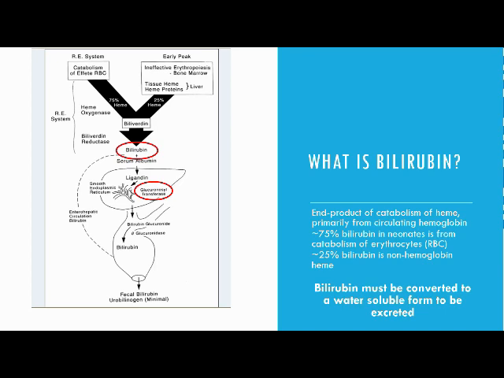So there is a small amount of conjugated bilirubin that sits in the small intestine until it has the potential to be converted back to an unconjugated form of bilirubin, and can cause problems, as we'll talk about more as we go through.